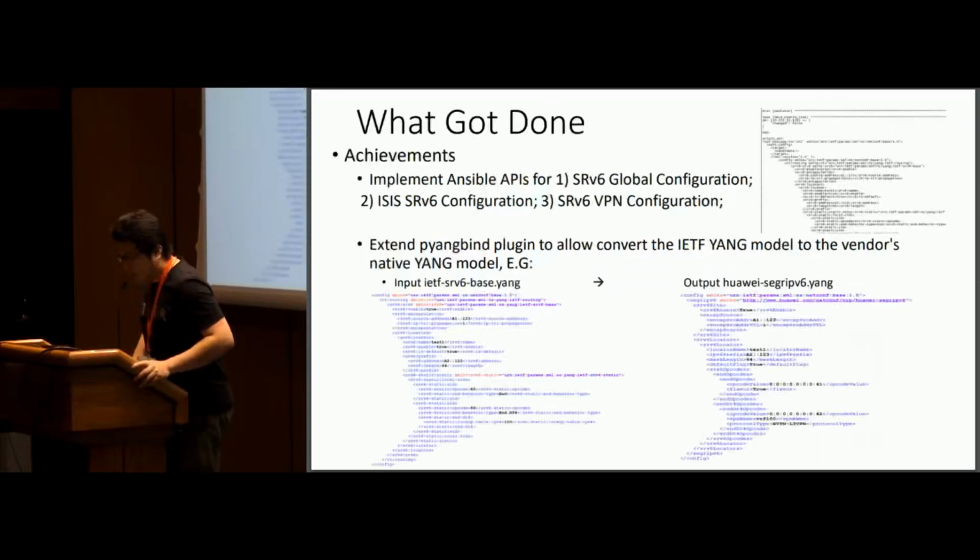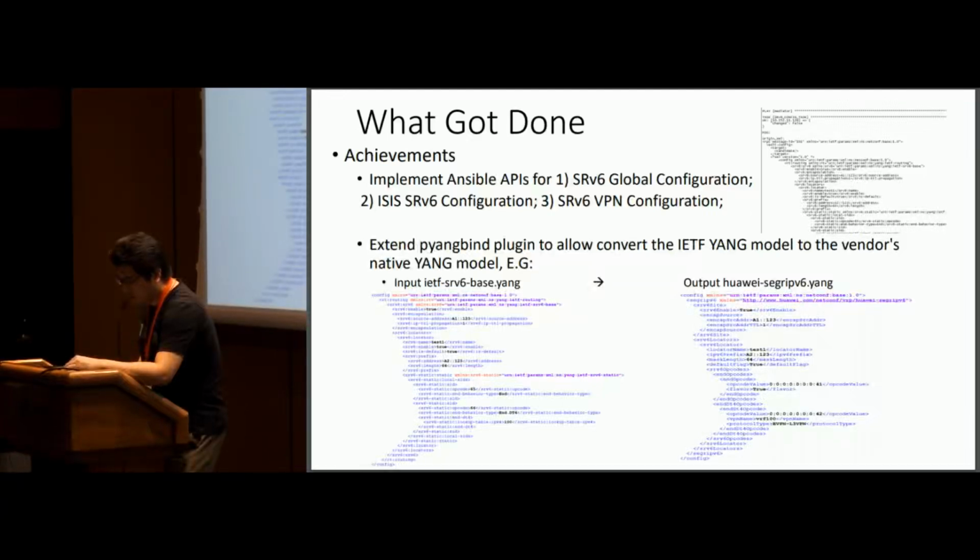Okay, this is what we got now. We implemented 3 Ansible APIs, one for SRv6 Global, SRv6, and SRv6 VPN modes. We also developed an app to translate the common IETF module to the vendor native YANG module.